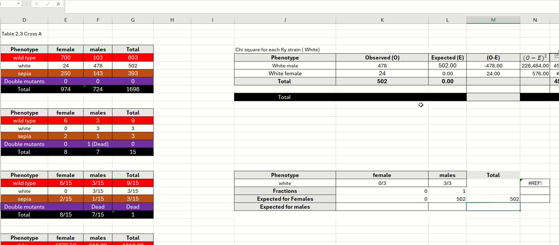So you see it's pretty easy: white female 0, 502 is this one, it will be the males.